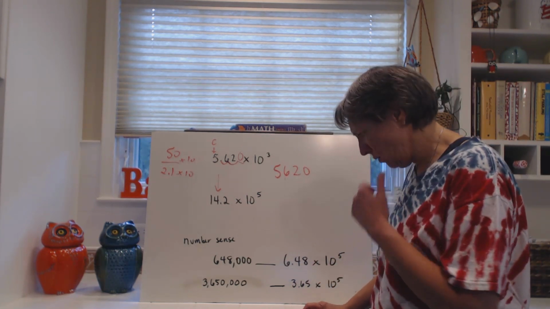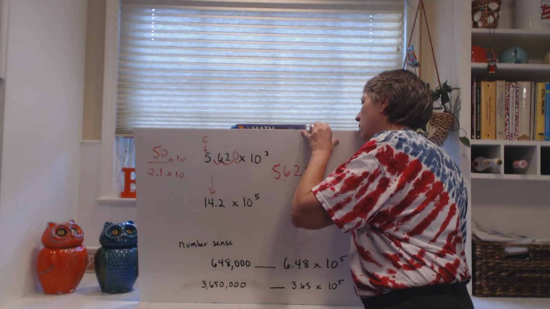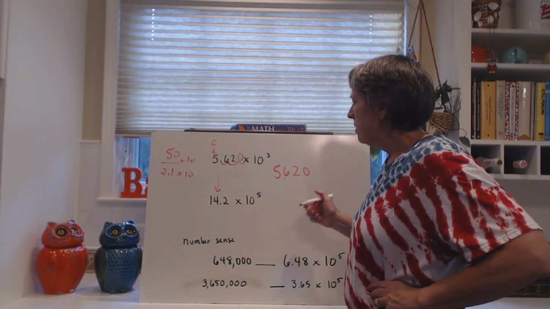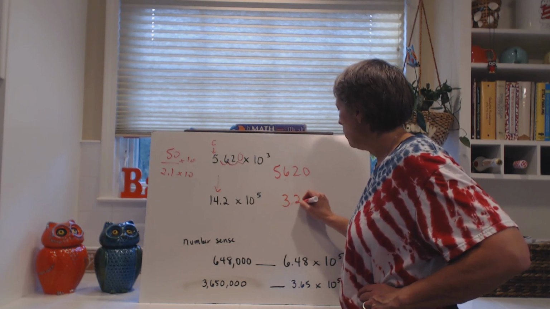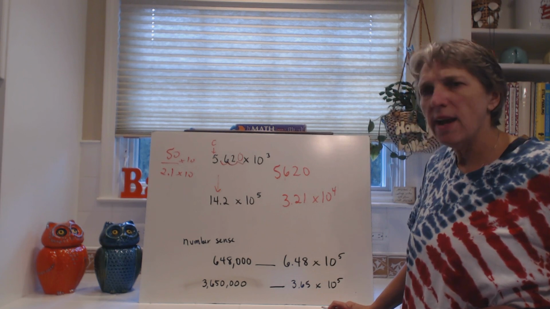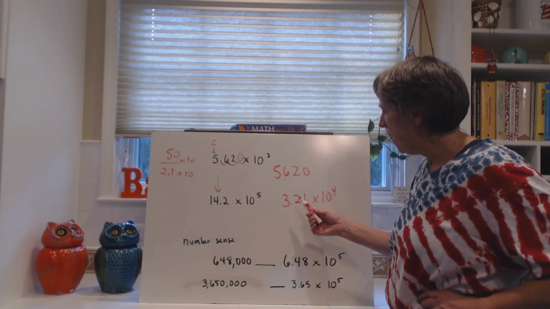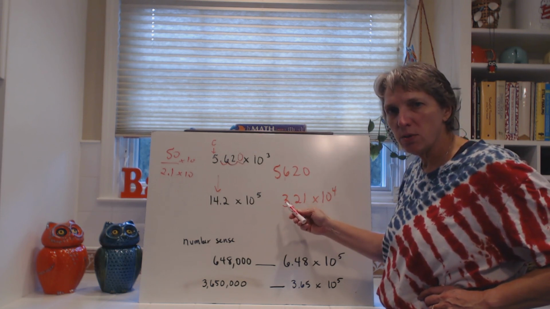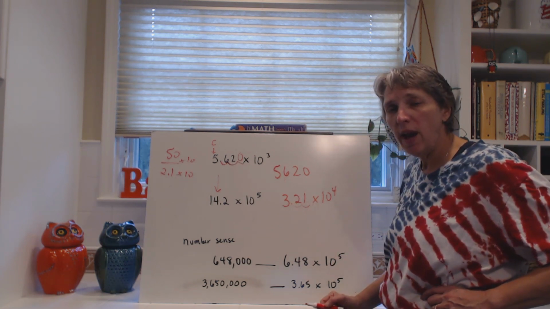If I ask you, did I get these out of order? I might have. If I ask you to take the number, let's say I say 3.21 times 10 to the 4th, and I tell you to write that in standard form, then we're going to move the decimal how many places to the right? 4. 1, 2, and what do we have to add?